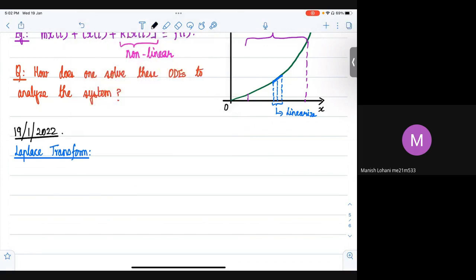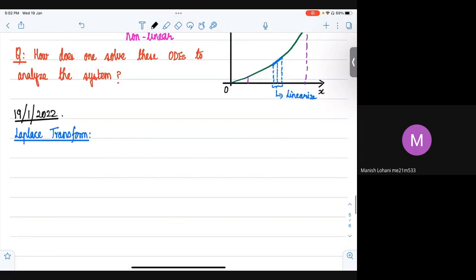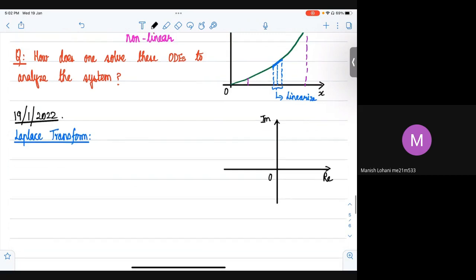Before we go to Laplace transform, let's quickly recap what a complex variable is. In general, a complex variable can be denoted by its real component and the imaginary component, right? So let's say we have a complex variable s.